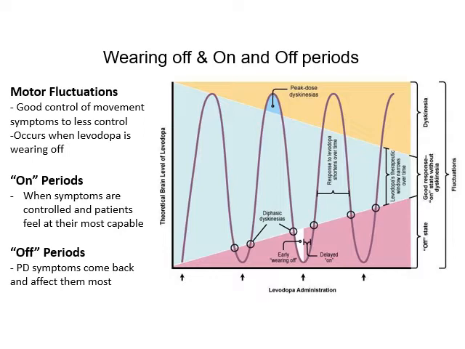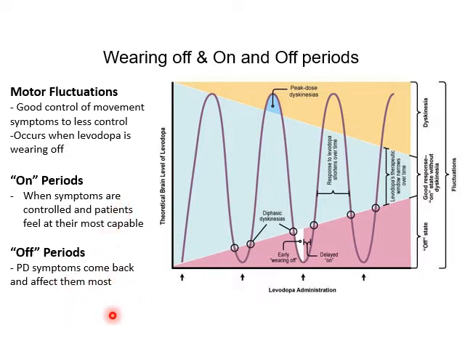As Parkinson's progresses, patients may experience motor fluctuations where they may experience on and off periods over the day. On periods refer to the times when the Parkinson's symptoms are very well controlled. Patients feel that they are moving very well, and they may start to turn on about half an hour after their Parkinson's medication.